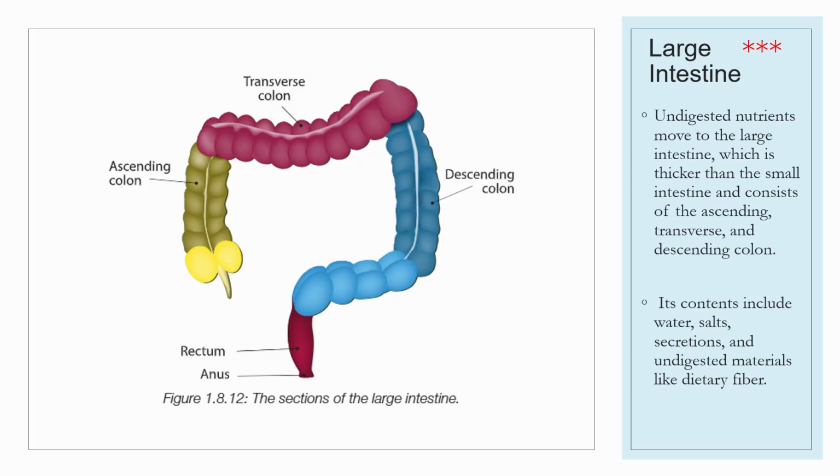The next stage of the digestive system is our large intestine. Undigested nutrients move into the large intestine, which is thicker than the small intestine and consists of the ascending, transverse, and descending colon. Its contents include water, salts, secretions, and undigested material like dietary fiber.